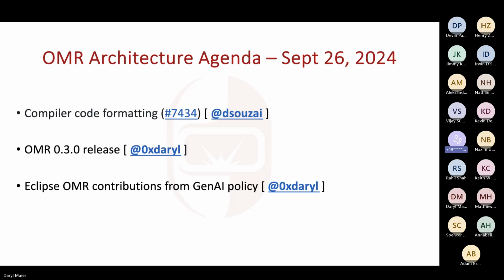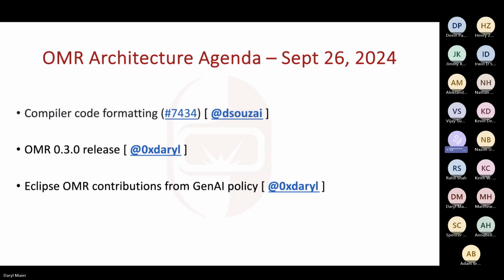And then the other topic that I wanted to mention is around GenAI code assistant contributions to the code base in OMR. So code assistant technology is now starting to be used more and more.